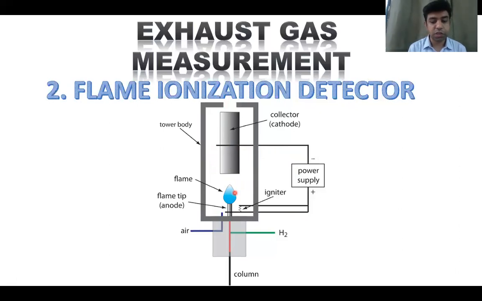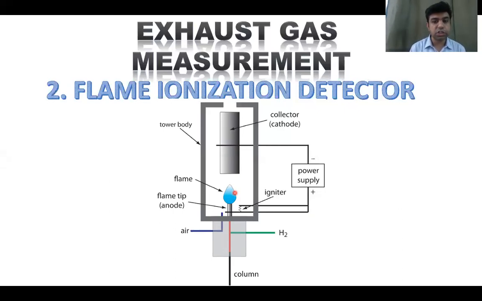It seems to be a bit complicated process, and some chemistry is also involved, as it deals with the generation of ions, right? Apart from that, the limitation is that we just measure hydrocarbon only, because only hydrocarbon has the tendency to generate ions in the presence of a hydrogen flame, right? All other gases are either non-reactive or they do not produce ions.